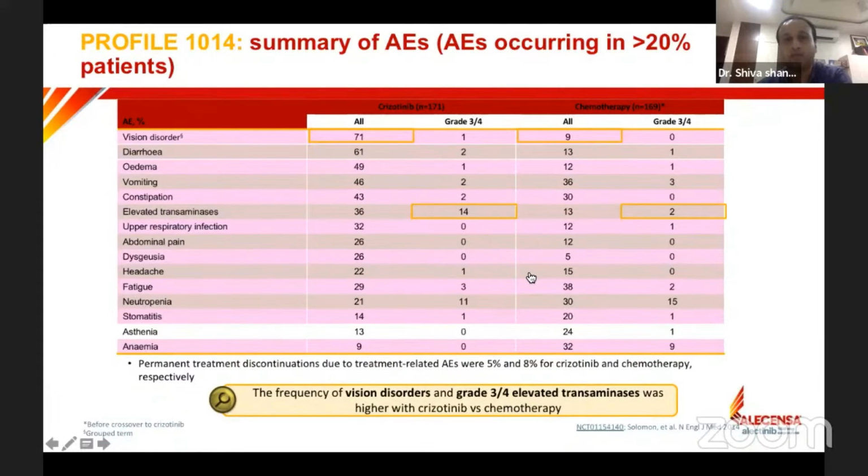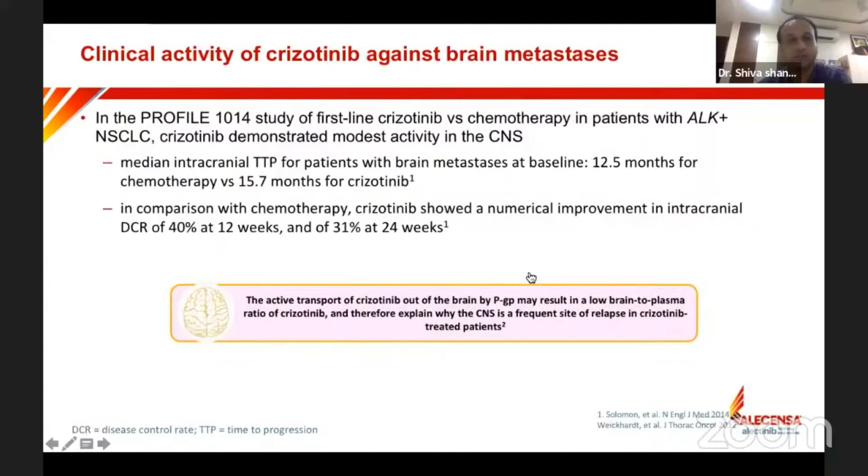However, grade 3, grade 4 visual symptoms are very rare. Regarding the clinical activity of crizotinib in brain metastasis, because this drug is usually pumped out by P glycoprotein, the CNS penetration and CNS activity of crizotinib is less. However, in comparison to chemotherapy, crizotinib showed a numerical improvement in intracranial disease control rate, to the tune of 40% at 3 months compared to 31% with chemotherapy at 24 weeks.